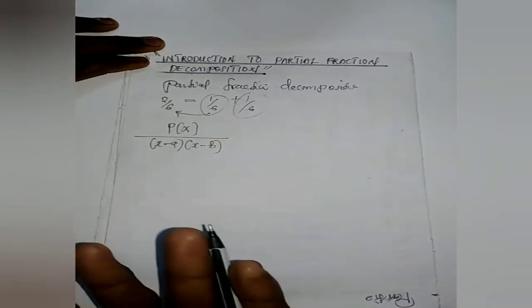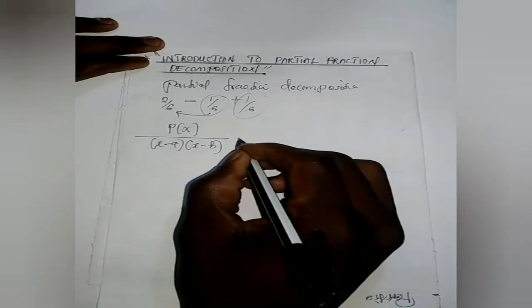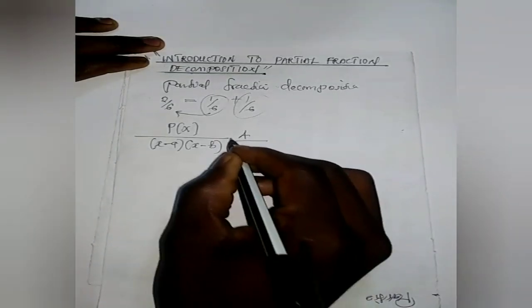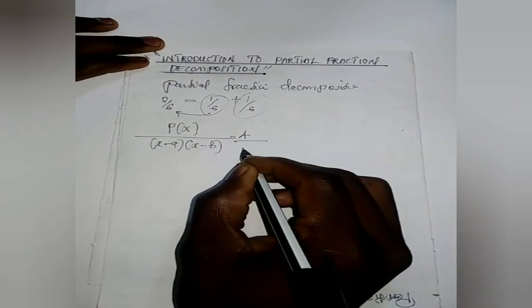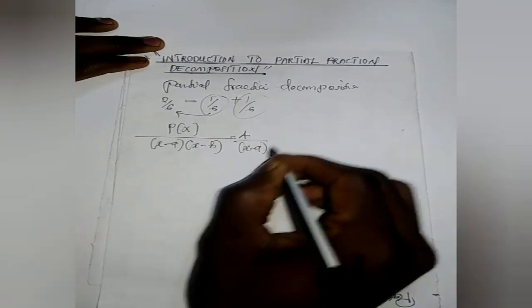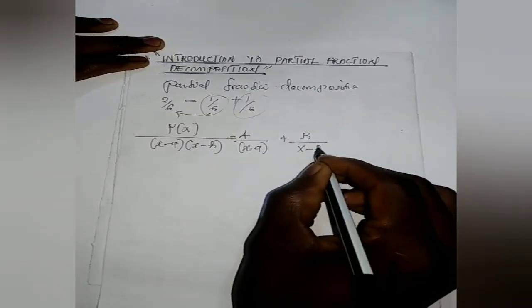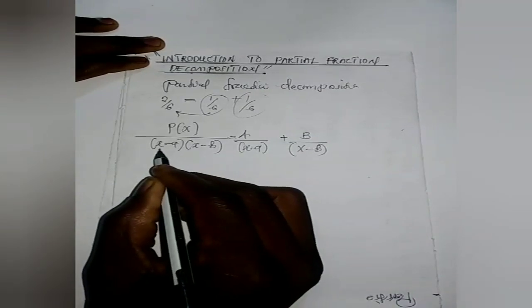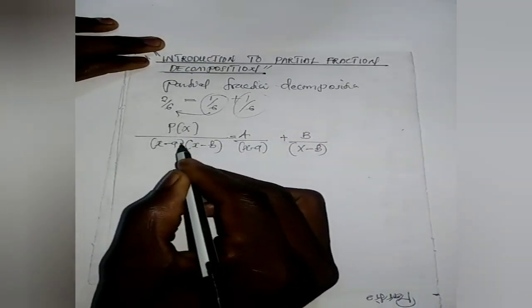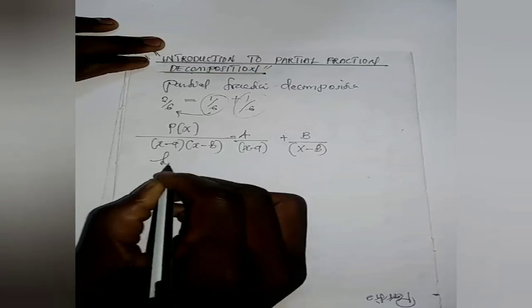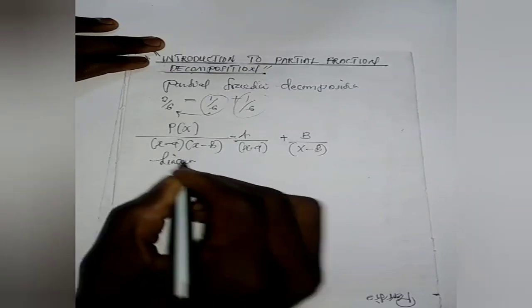And how do we do that? This is equal to A over (x minus a) plus B over (x minus b). The denominators of this algebraic fraction are called linear factors.